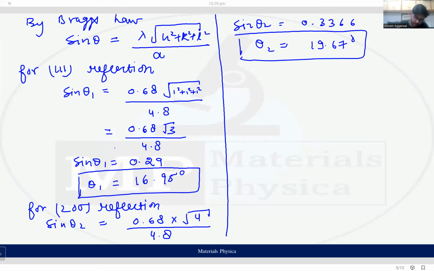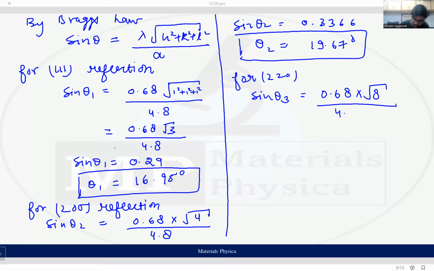Now similarly for the third plane, which is 220, sin theta 3 is 0.68 times under root 8 over 4.8, and after solving we will get 0.476, and theta 3 is equal to sin inverse 0.476, and that would be 28.43 degree.